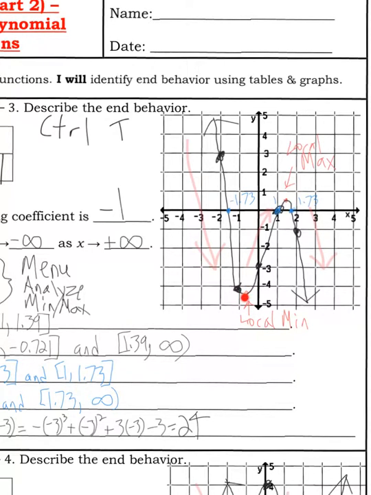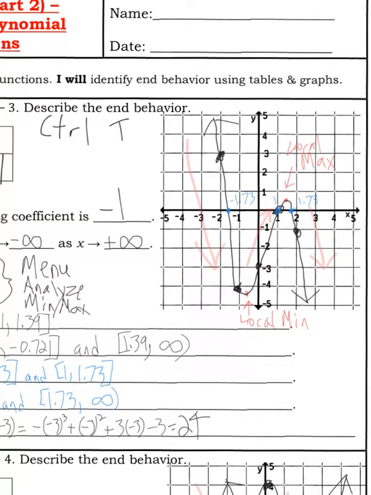Everywhere to the left of the local minimum is where it is decreasing. It's coming from the top and it's coming from the left, so it's moving leftward towards the local minimum. That's negative infinity, because it's just coming from wherever it's coming from, negative infinity.